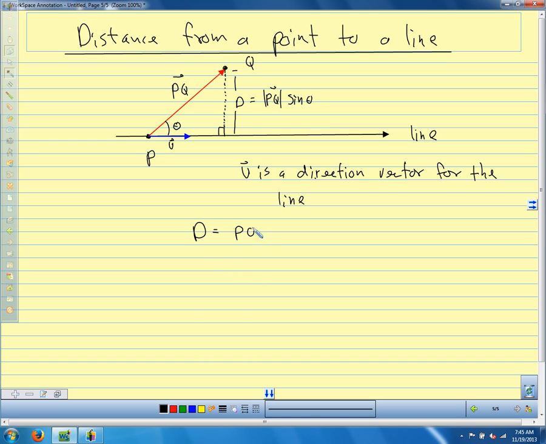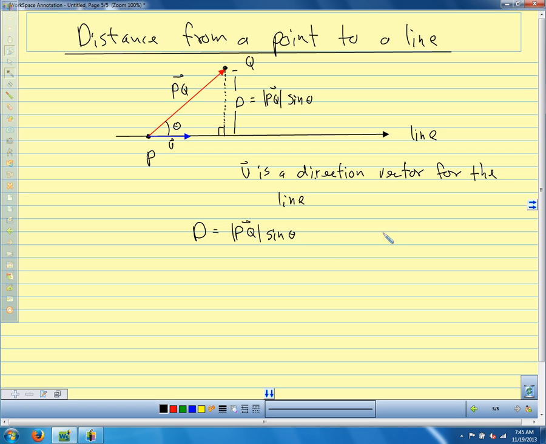E equals the magnitude of PQ times sine theta. What quantity have we been talking about that has to do with the sine of theta? A cross product.